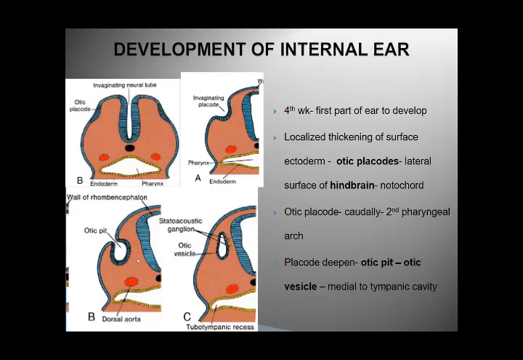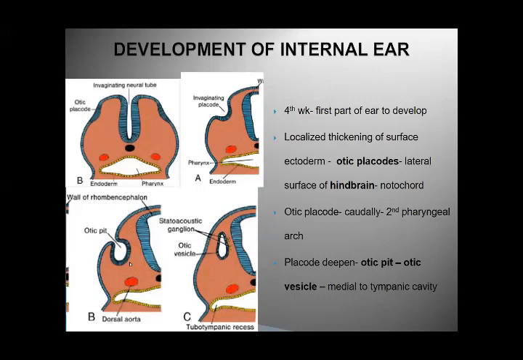This otic vesicle is lying medial to the tympanic cavity. ठीक है? Because this otic placode, otic pit, the lips of the otic pit, they join each other and they dissociate themselves from the surface ectoderm, and hence a separate otic vesicle is formed.